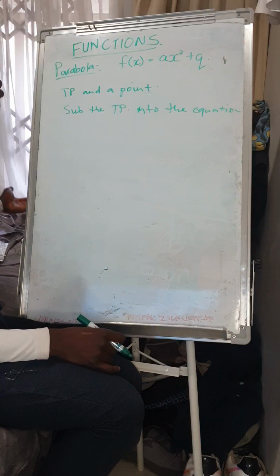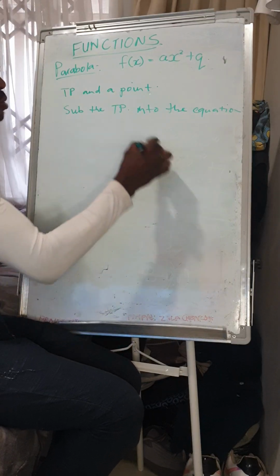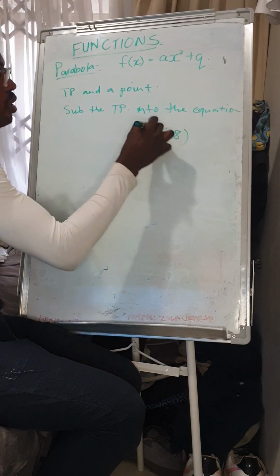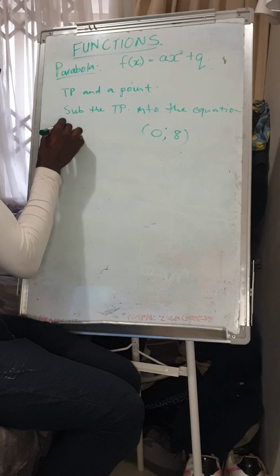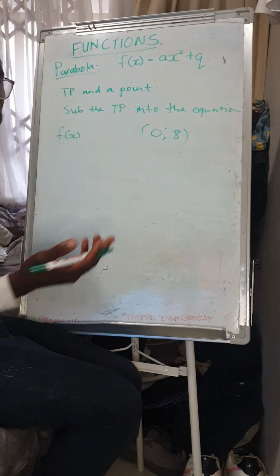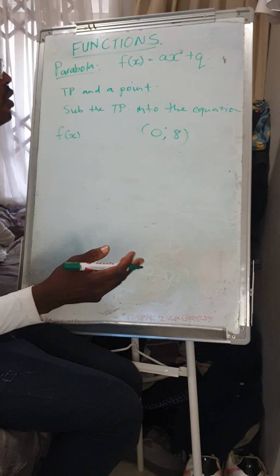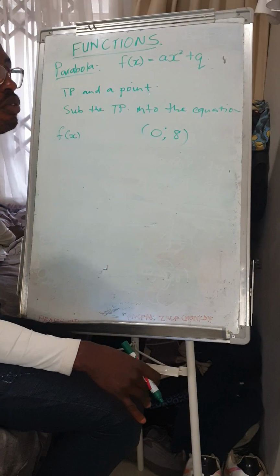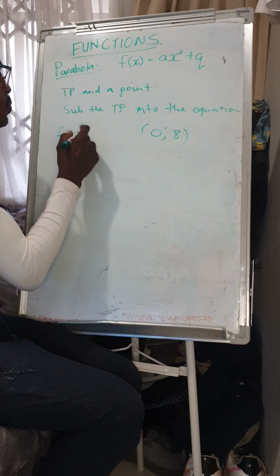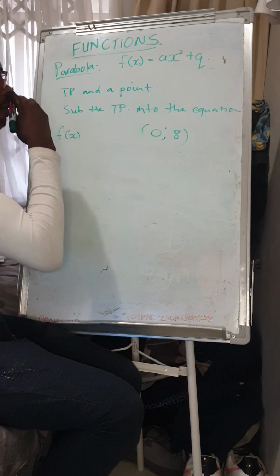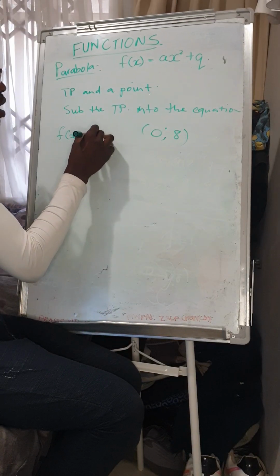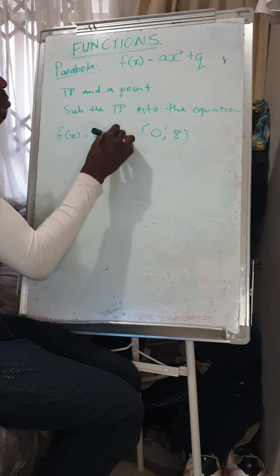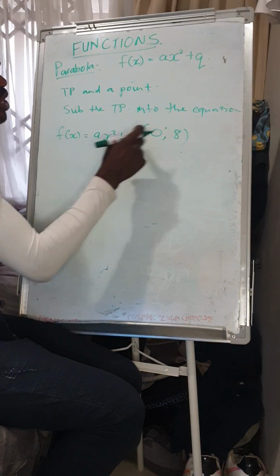So suppose your TP is (0; 8). Already you know that f of x equals ax squared plus 8. I'm going to be a little bit quick because other students are writing 2 days from now, so I need to get this done in time.